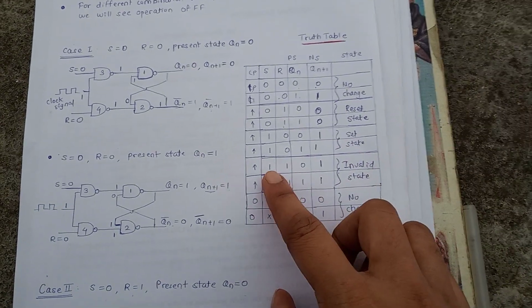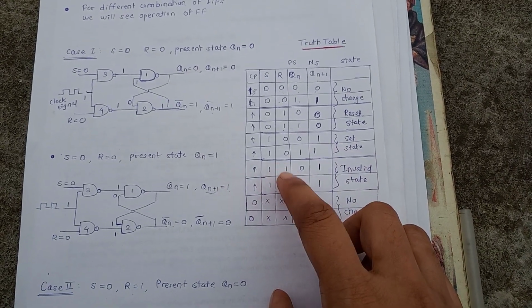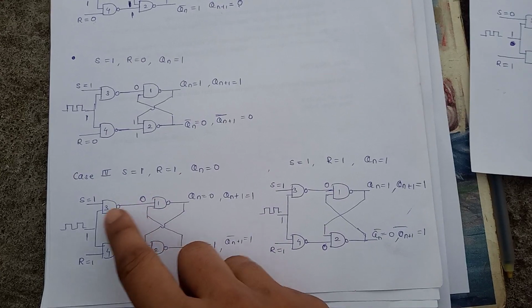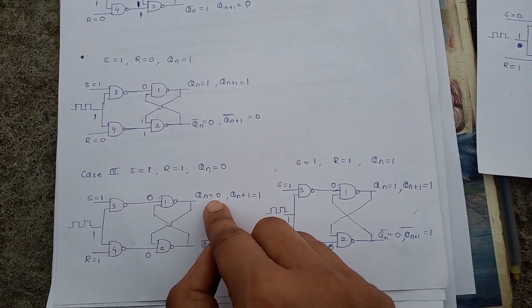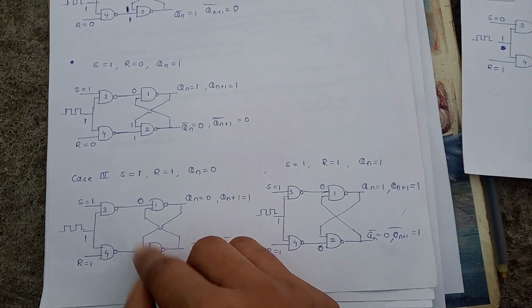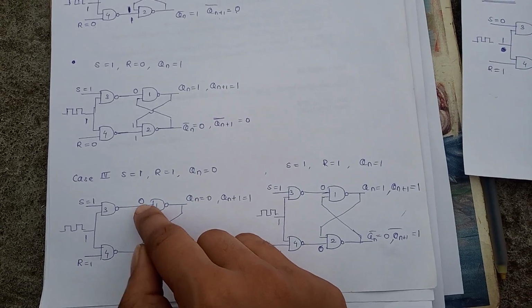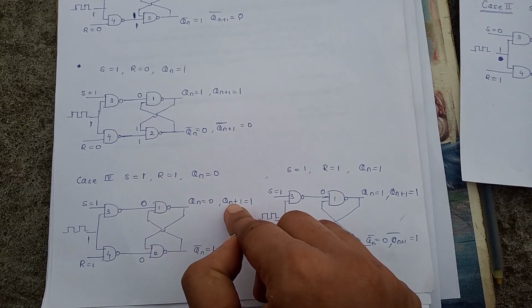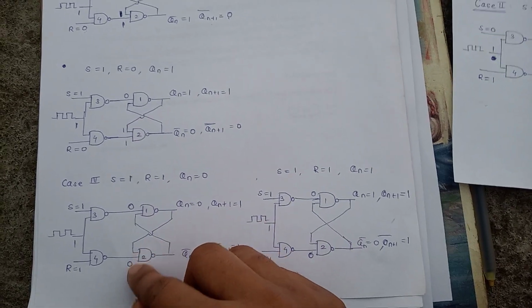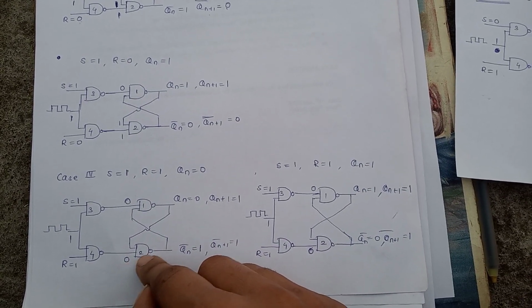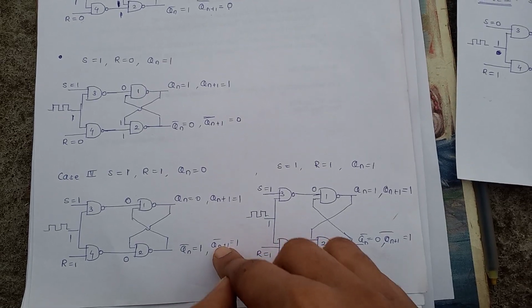Now next, when S equal to 1, R equal to 1. When S equal to 1, R equal to 1, Qn equal to 0, clock pulse 1. Now 1 1 produces output 0, 1 1 produces output 0. So one input to this NAND gate is 0, so it produces output as 1, which is nothing but next state Qn+1 equal to 1. Now one input to the NAND gate is 0, so it produces output as a 1, which is nothing but Qn+1 bar equal to 1.